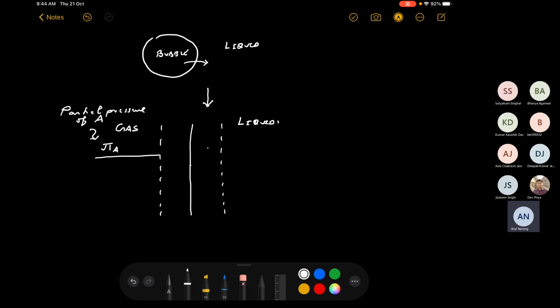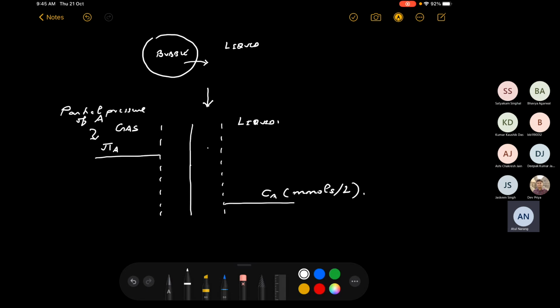And of course, in the liquid phase, here is a concentration in the bulk phase, which is Ca, which will often be in millimoles per liter, or grams per liter, or milligrams per liter.